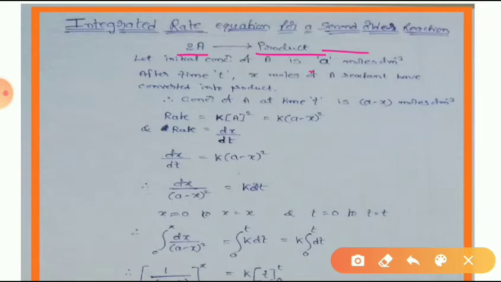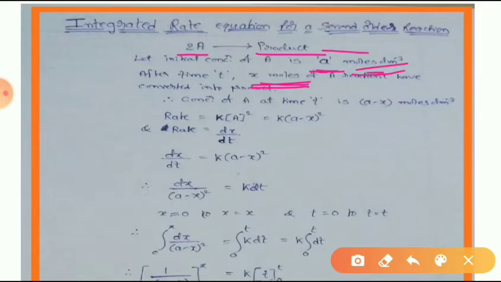Here we have taken this small a as the initial concentration, which is given in moles per dm cube. Now after some time t, say x moles per dm cube of concentration are converted into the product.